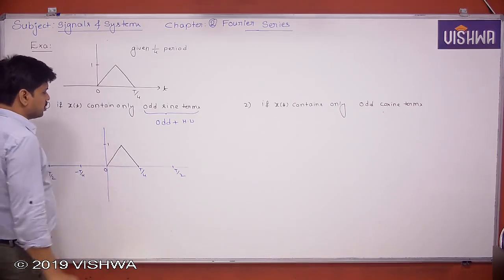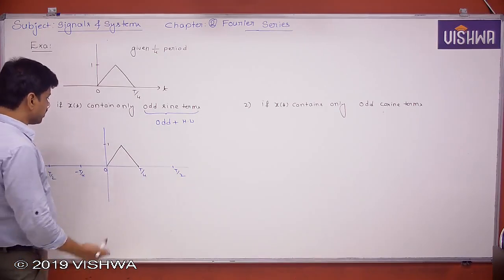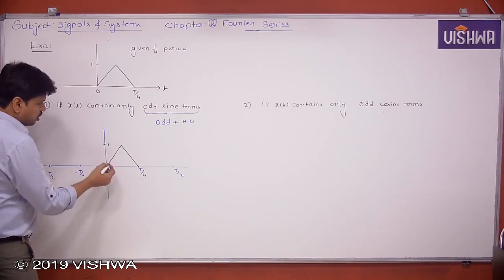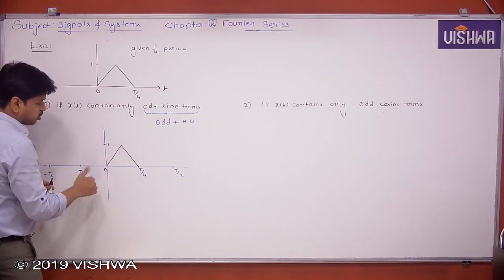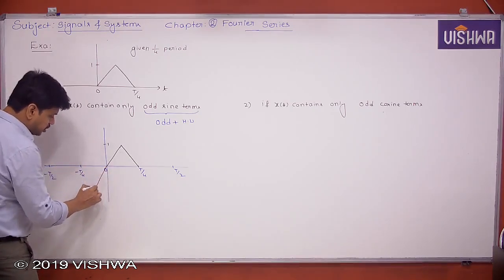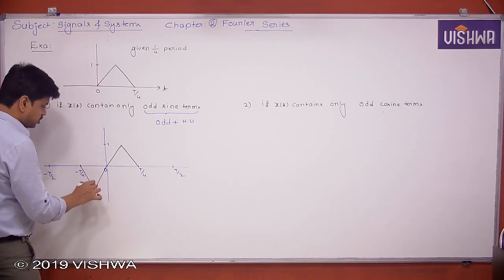Now let's see. If it satisfies odd symmetry, when I fold it, we have to get the negative, so it has to be in the negative direction. So this is what we have to get.